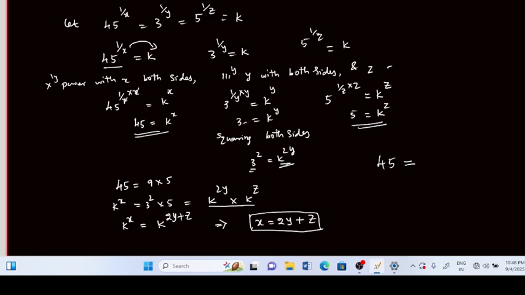So this is only possible. We can use 9 into 5 to get 45. So the modification of this is 3 square into 5. We have written here 45 equal to 9 into 5. We simplified. We have proved this problem.